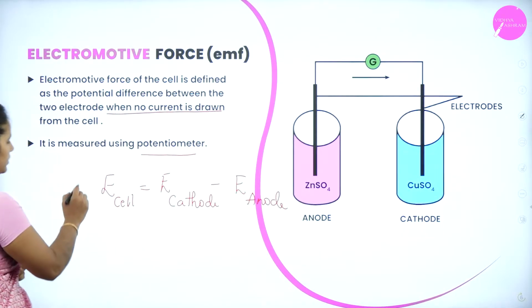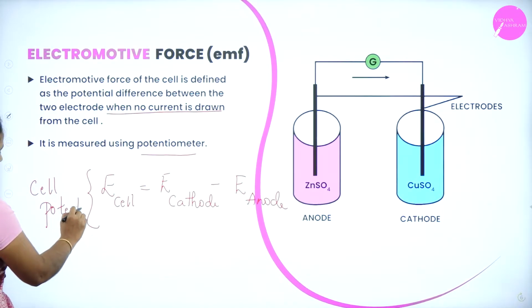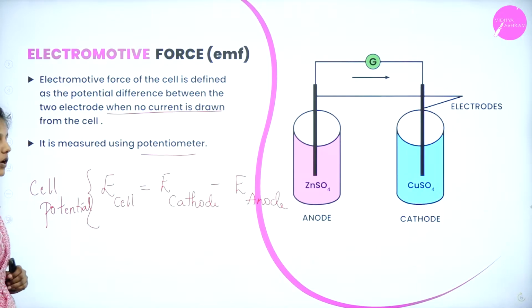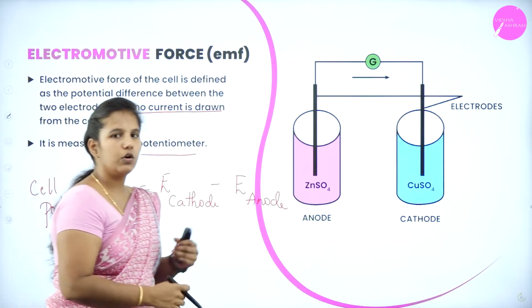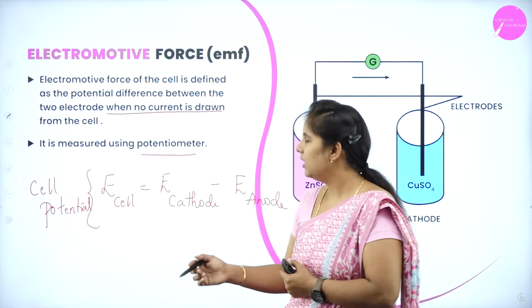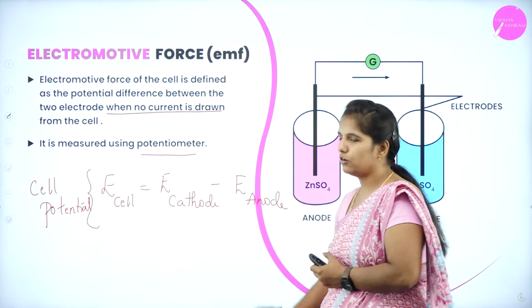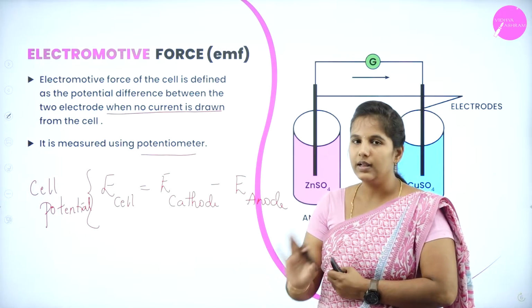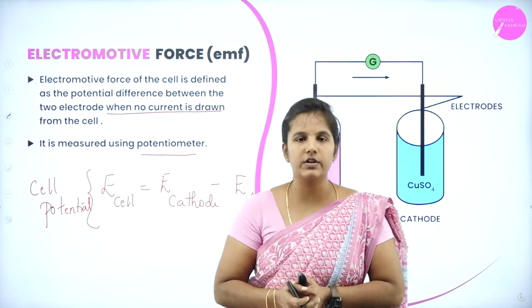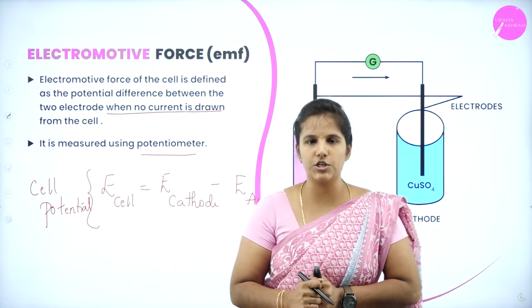This is known as the cell potential: the difference between the electrode potentials at the cathode and the anode.